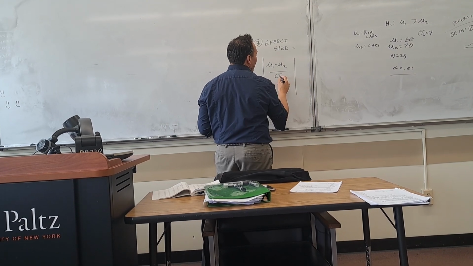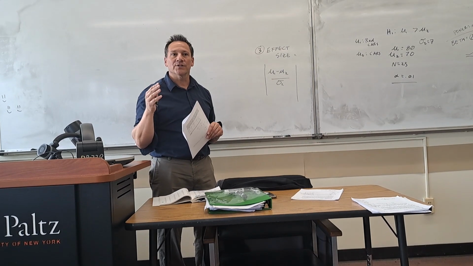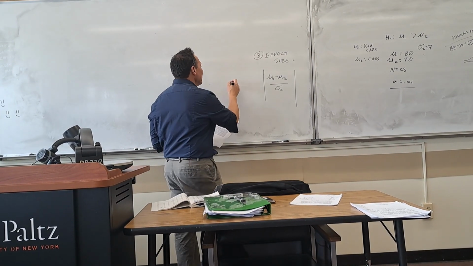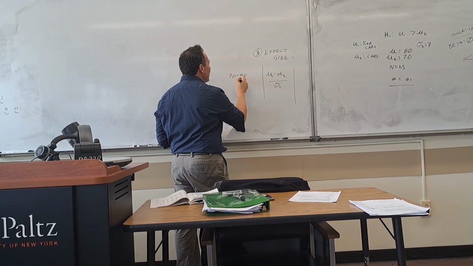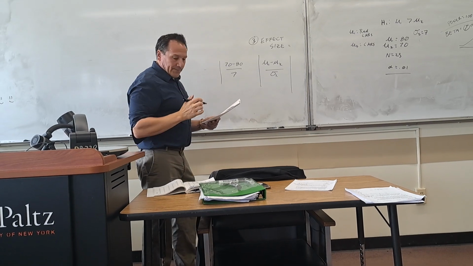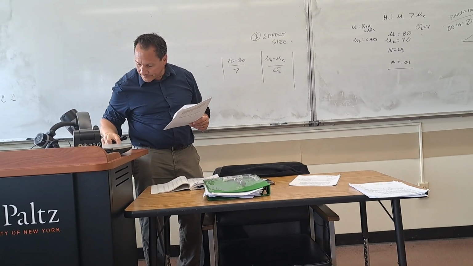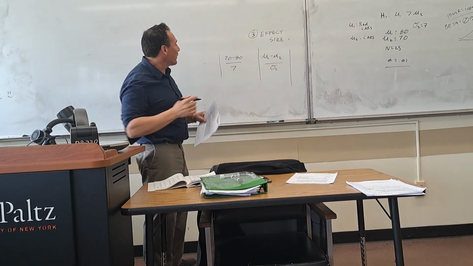I can put sigma, I can put sigma 1, I can put sigma 2, those are all the same as the population standard deviation. That is going to be 70 minus 80 over 7, which is 10 divided by 7, which is 1.43.